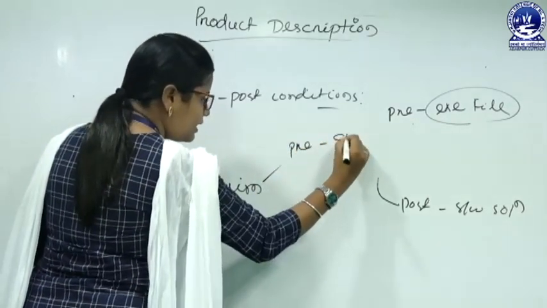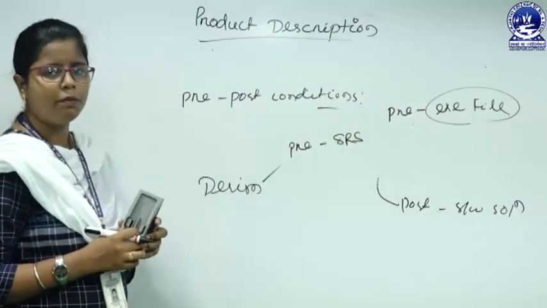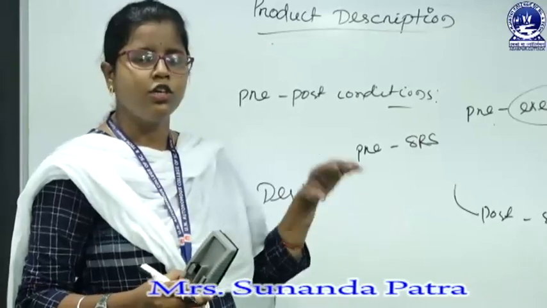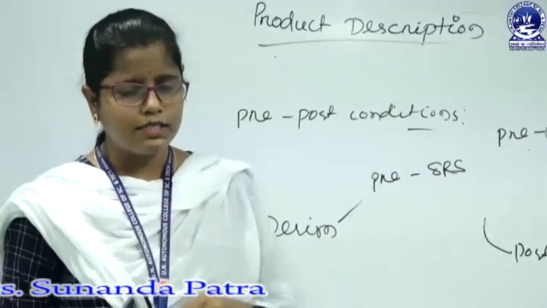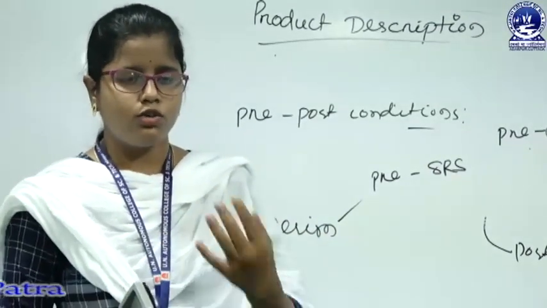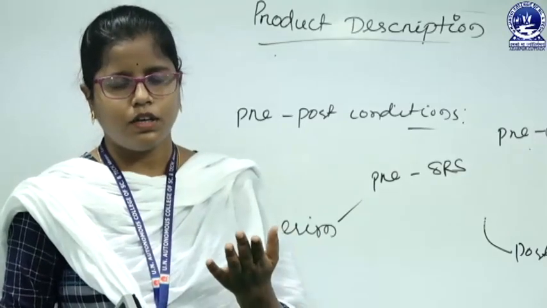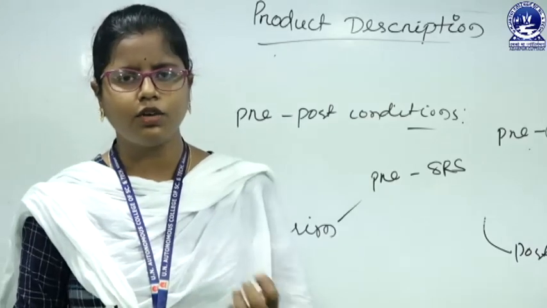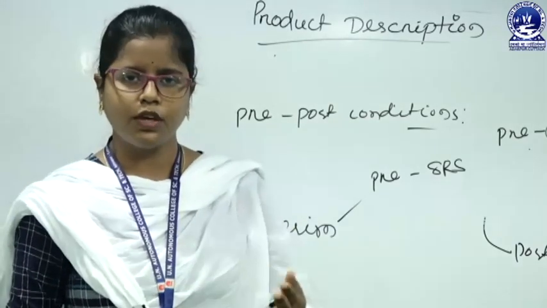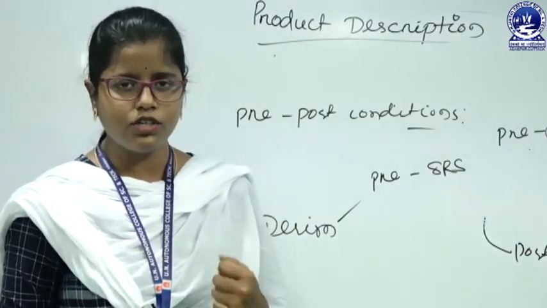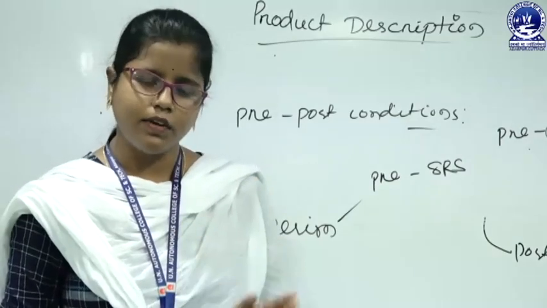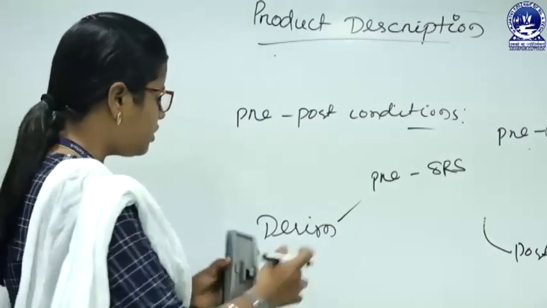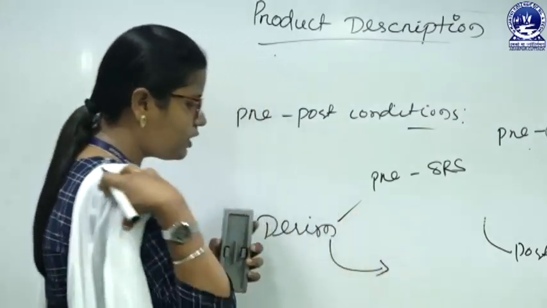The precondition is the SRS document, because the previous phase of the design phase is what? Specification. So, if we do not have a SRS document, that means we do not know what are the requirement of the customer, then how we are going to design the software or how we are going to develop a system architecture. So, we must have our SRS document with us before going to the design phase. What are the outcome of the design phase?